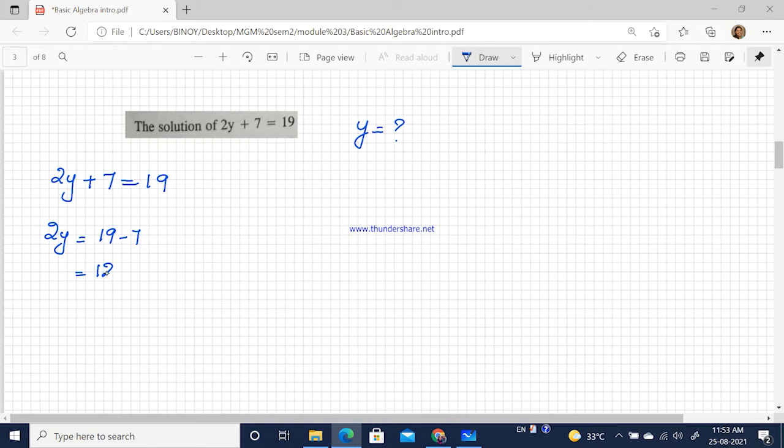That is 12. 2y is equal to 12. So y is equal to 12 divided by 2. So y is equal to 6. So you get the value of y as 6. This is how you have to solve a linear equation.